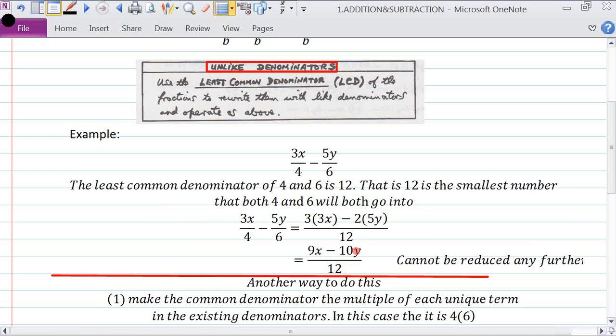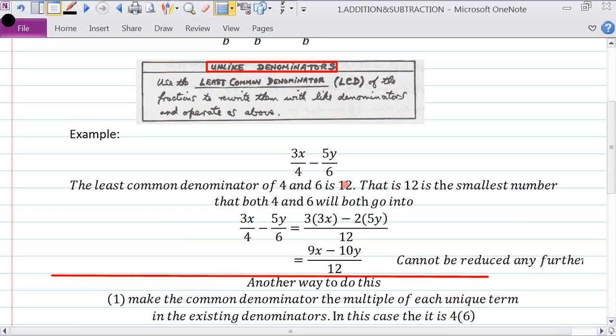And I always ask myself again, can this be reduced further? Now, if, for example, you chose the wrong least common multiple, let's say you said the least common multiple was 24, the answer would come out to be 18x minus 20y, twice this and twice this, over 24. So you could take out 2 from the top and 2 from the bottom and reduce it to that.